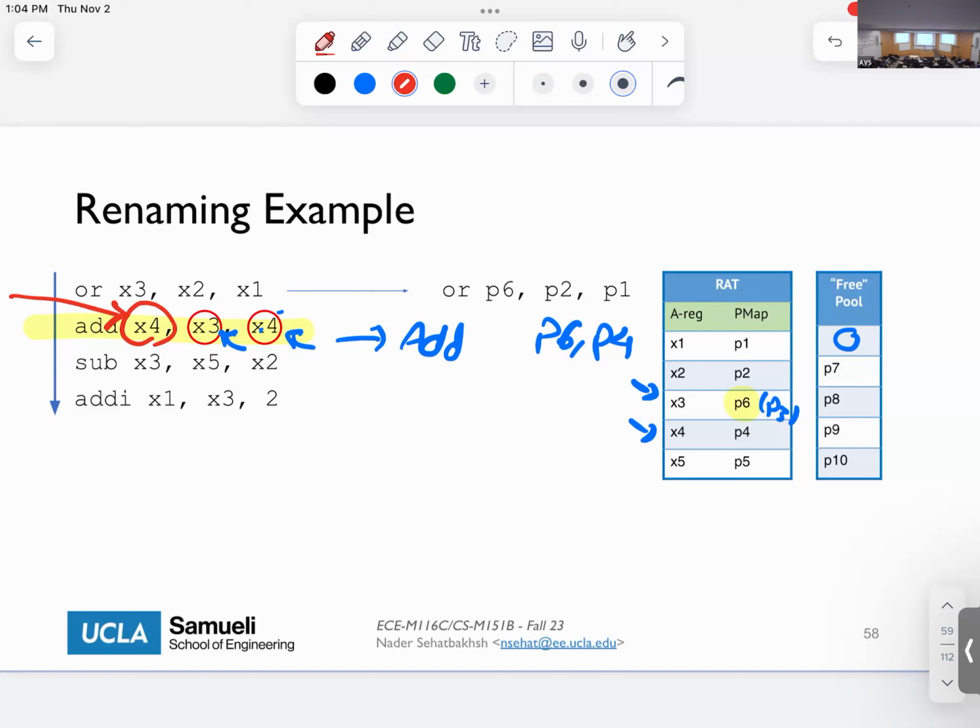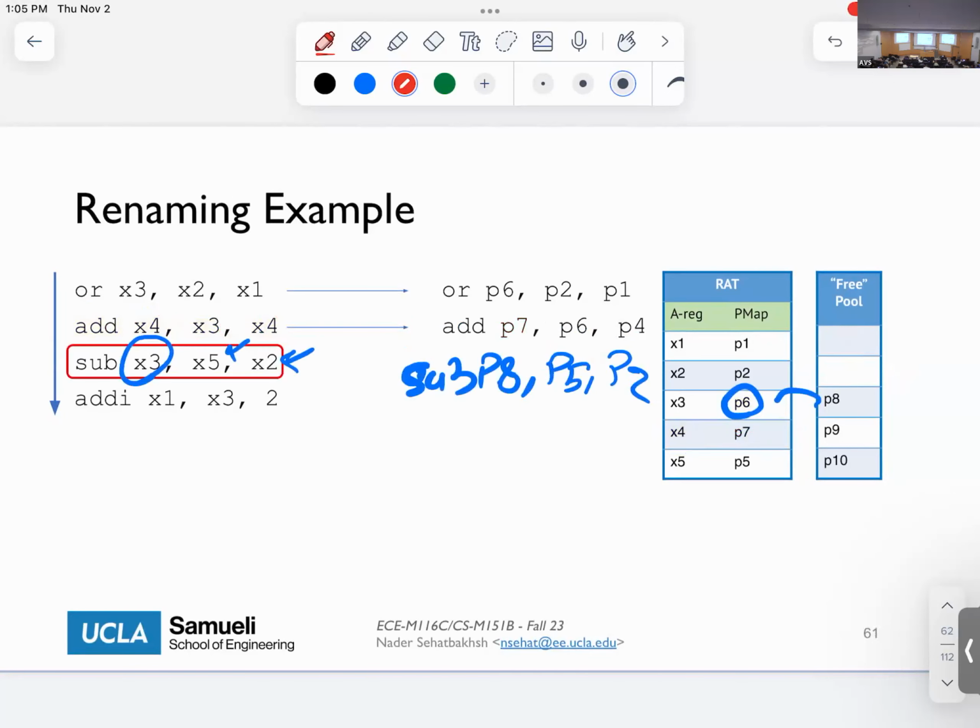As a result, I'm always removing the chance of anti-dependence and output dependence because I'm always using a separate register, okay? If you look at the results, I'm using P7 here. And again, I'm writing the results of P6 and P4 to P7. And then P6 is really X3, which was the previous one. So I'm not removing the RAW data hazard here, but I'm removing the output dependency.